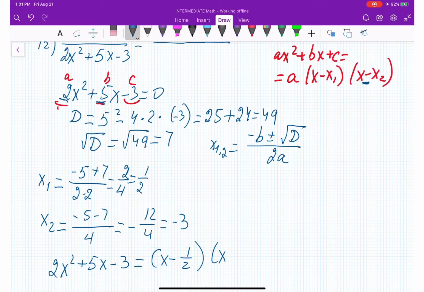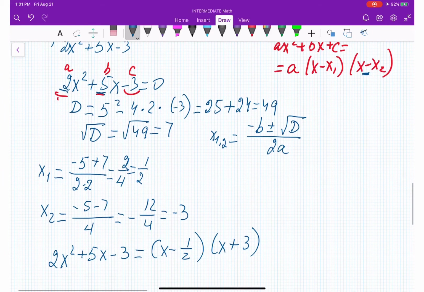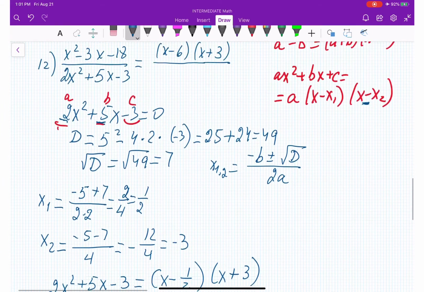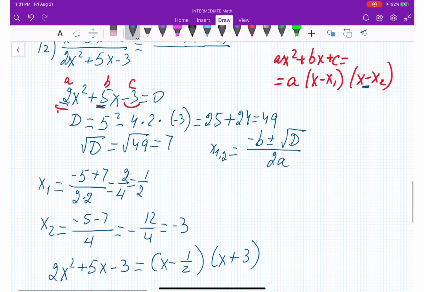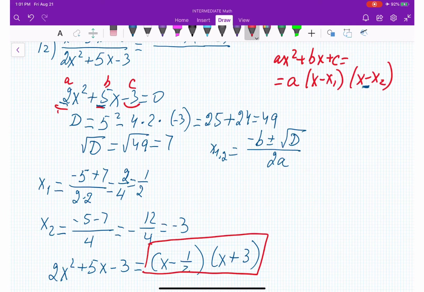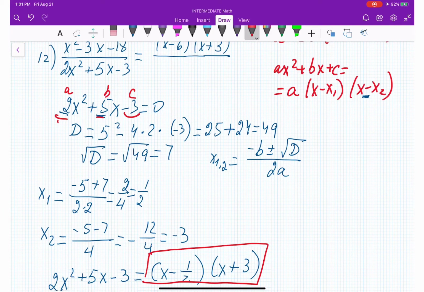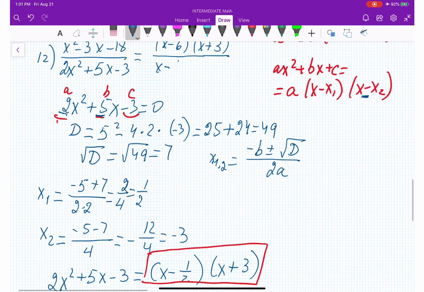So with negative also will give positive, plus 3. Okay, so what will I get? I'm going back and removing this result I get, I'm plugging here, and I will get x minus 1/2 and x plus 3.